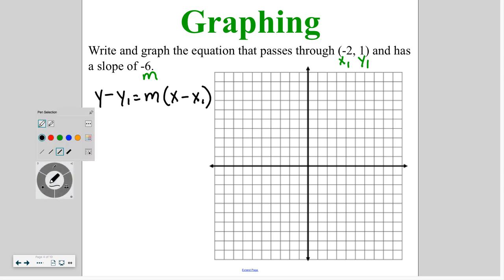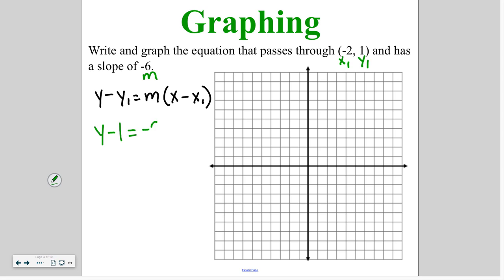So we're going to go through and plug in our values. y stays put, minus y1, which is 1, is equal to slope of negative 6 times x minus x1, which is negative 2. Like I said in the last case, minus a negative turns into a positive. So your equation is y minus 1 is equal to negative 6 parentheses x plus 2.